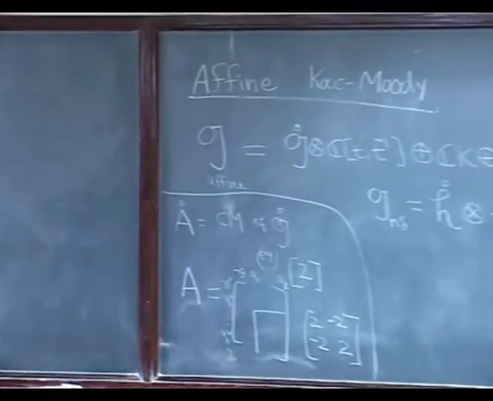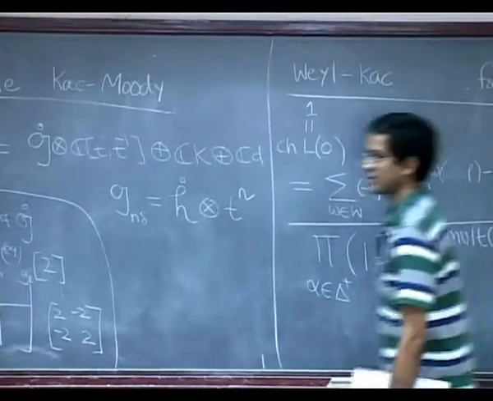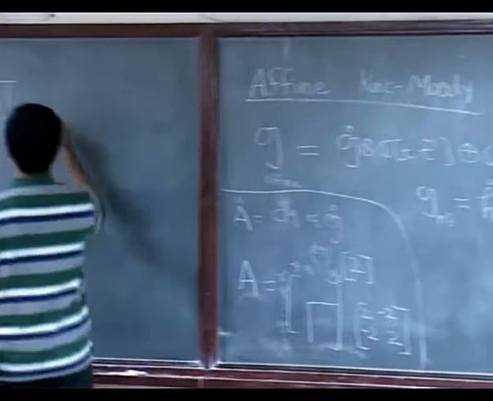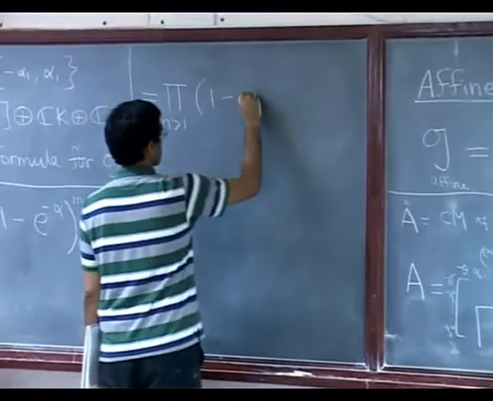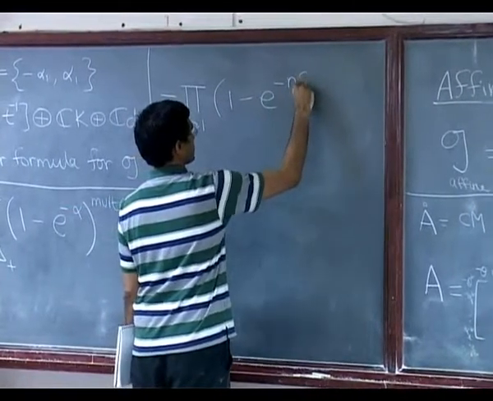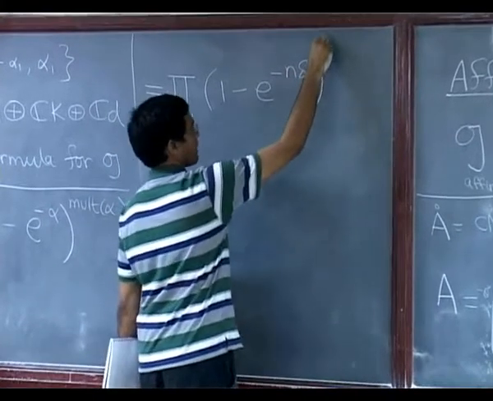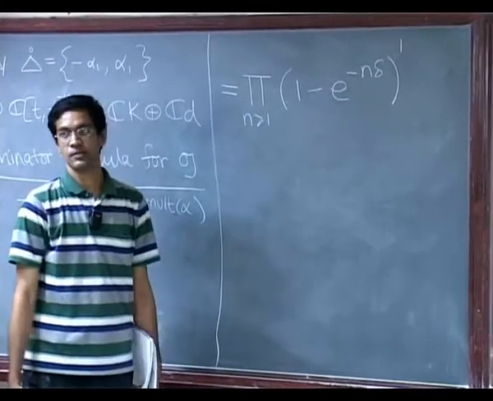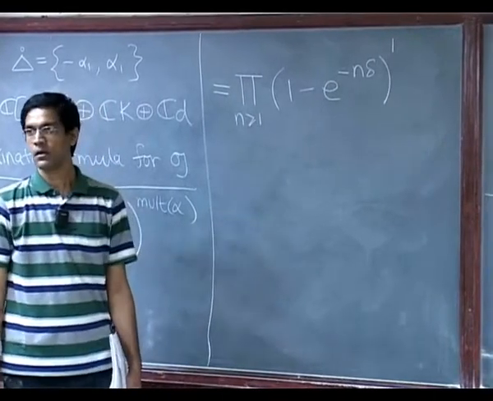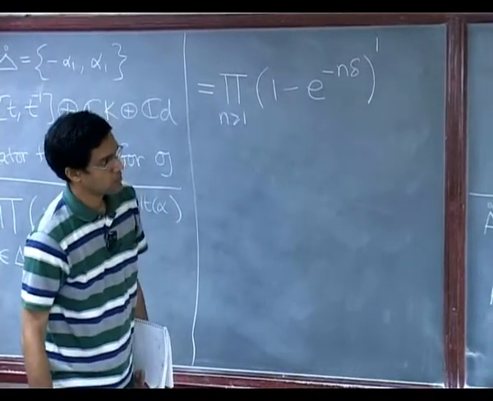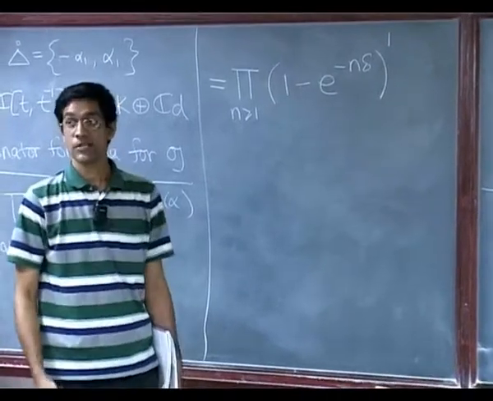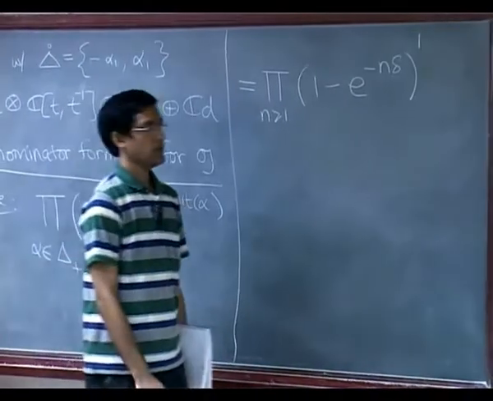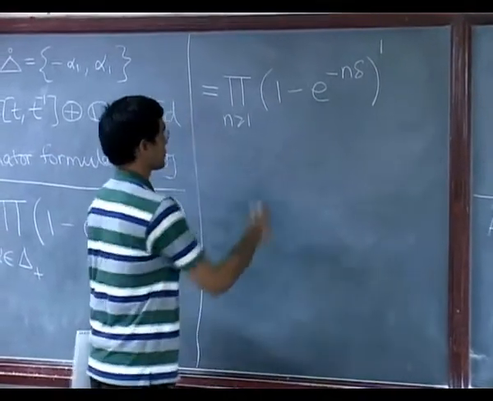They are of the form n delta. So let me put them in first. 1 minus e to the minus n delta. Those are the imaginary roots, and they all occur with multiplicity 1. So here I don't need to worry, it's just raised to the 1. Okay, so let's see what's next. I have alpha plus n minus 1 delta, where alpha is a positive root, so I need to throw that in.